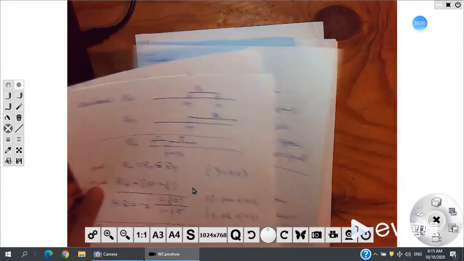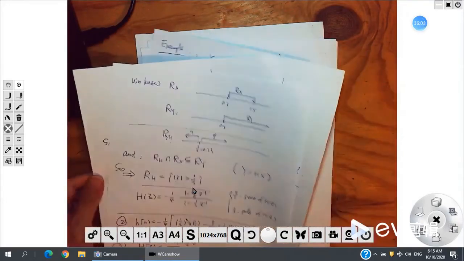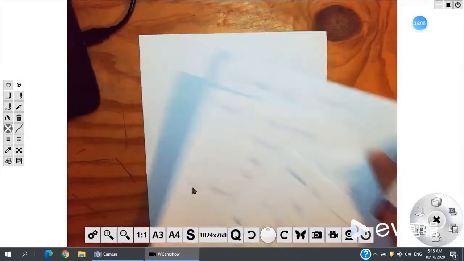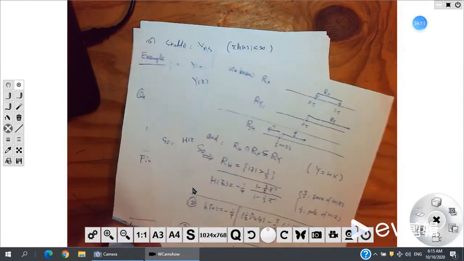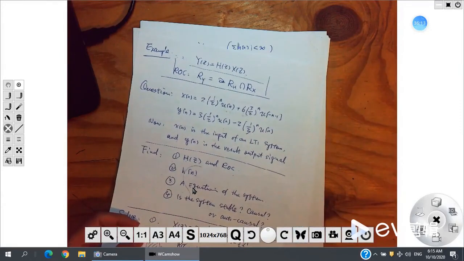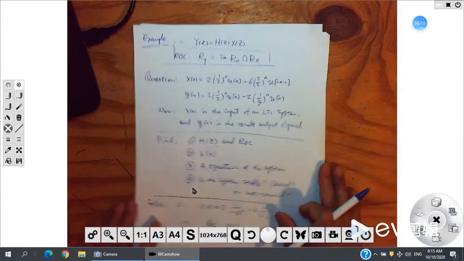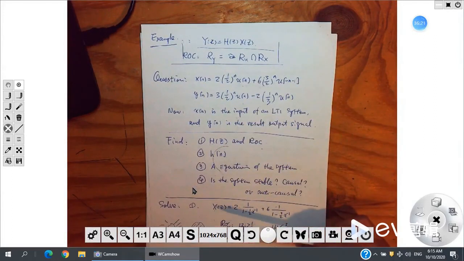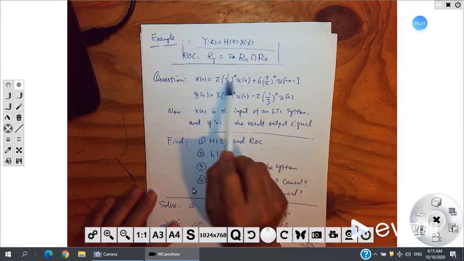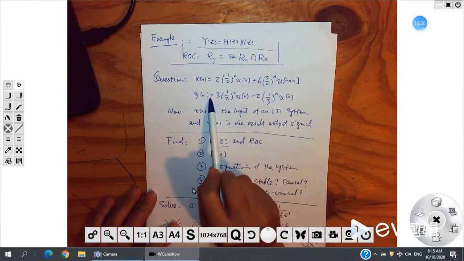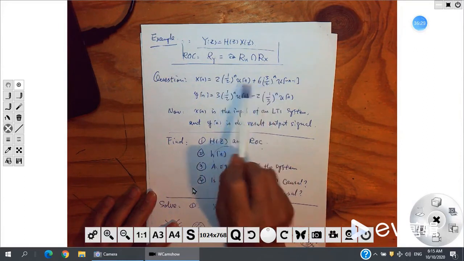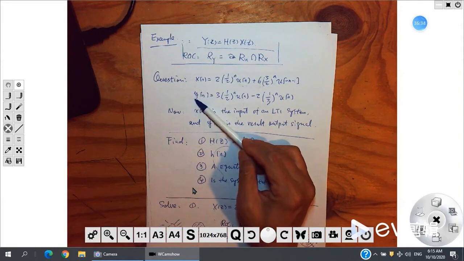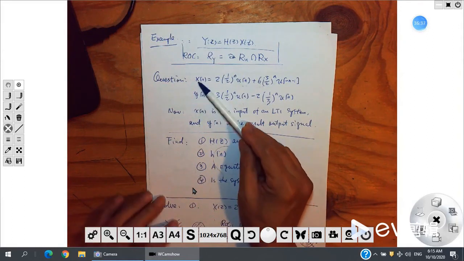If we want to do the similar thing using the Fourier transform, it is almost the same, but we have two things. The first thing: when x and y are given, can you find the Fourier transform of these two signals?